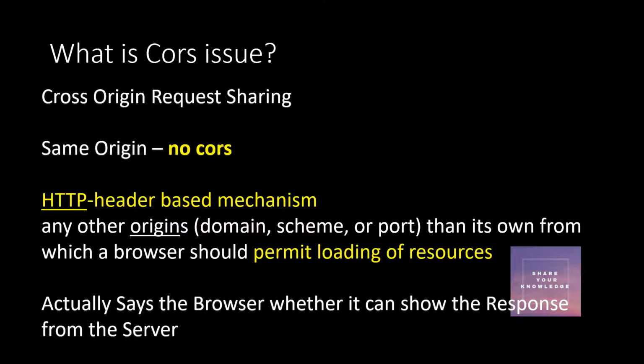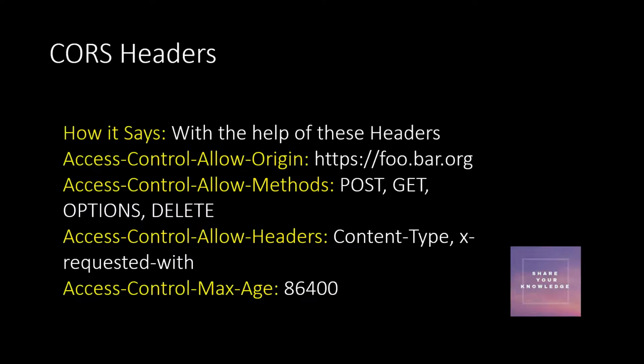It is an HTTP-based mechanism by which the server tells the browser whether to load the resource or not. How does the server tell the browser? This happens by means of the CORS headers. We have many headers for CORS.